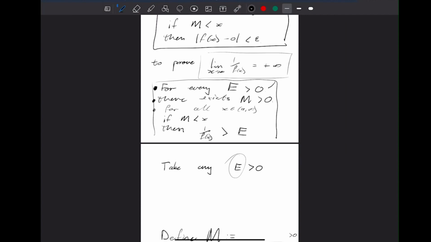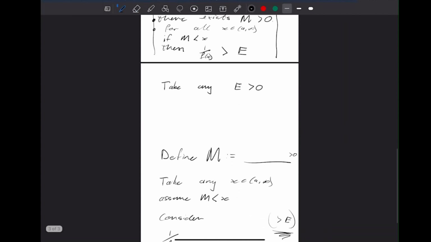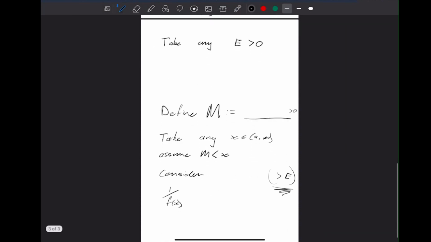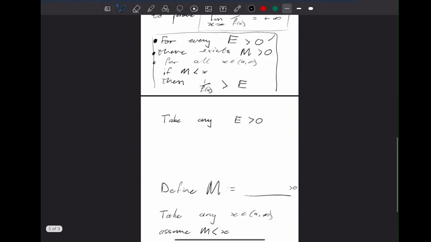So this is a big positive number. If we take 1 over E, then 1 over E is going to be small. So let us try that and see where we get.